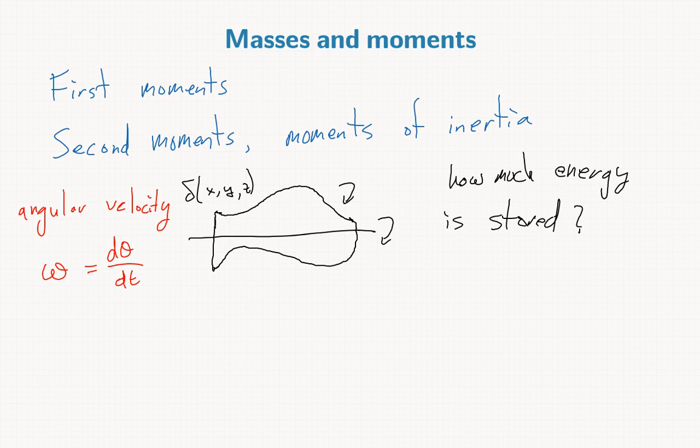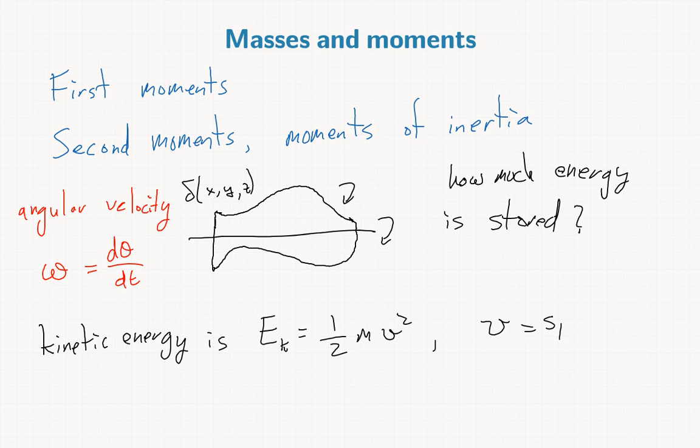So recall, in general, kinetic energy is given by Ek equals 1/2 mv squared, where v is speed. If v were velocity, we would write bars around v.